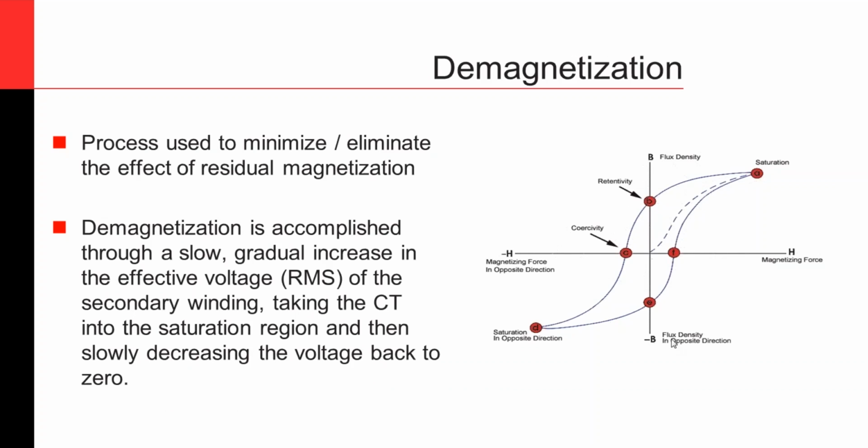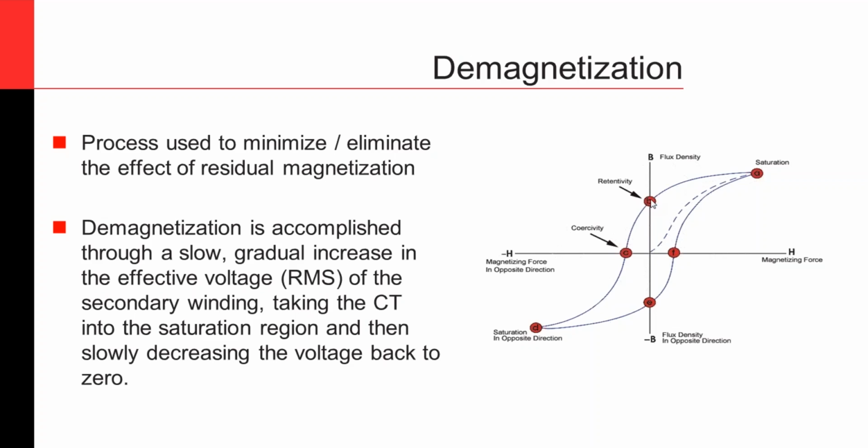Most of you would have seen this picture. This is the BH curve. BH curve is nothing but a graph between the flux density, the density of flux on your core, and H, your magnetizing force, the force that is creating the magnetization of the core.